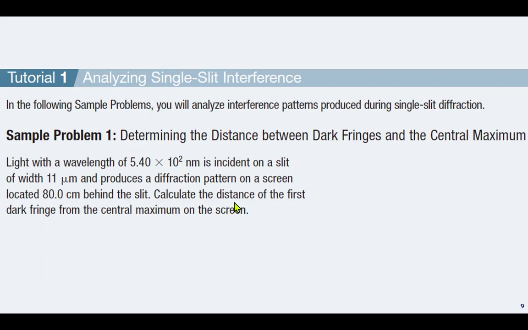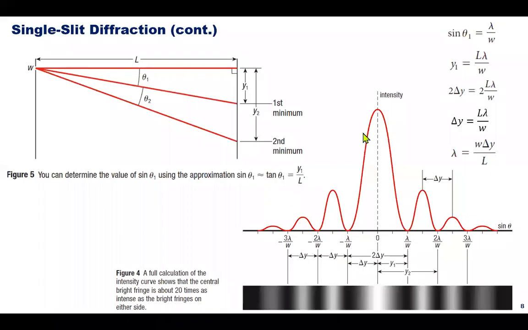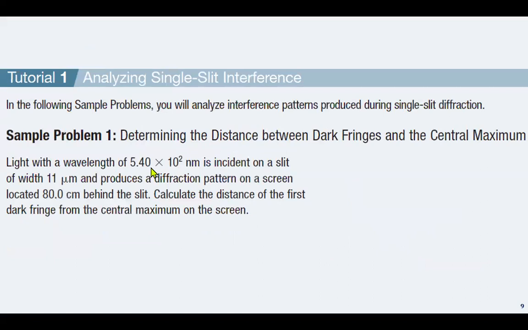Okay, you should be able to finish this very quickly, right? So according to the previous model here, we have delta y equals L lambda over W, right? We can directly use this formula to calculate delta y. This question actually asks you the value for delta y, right? Or y1.